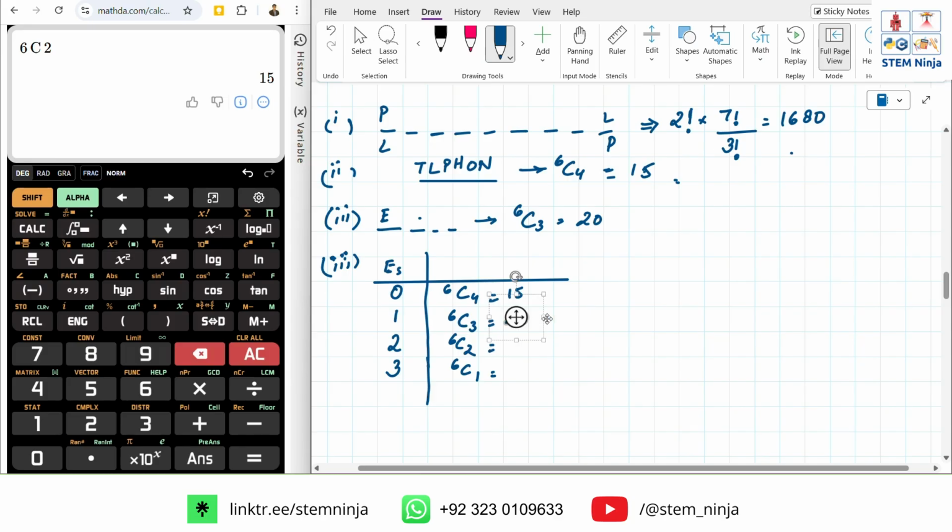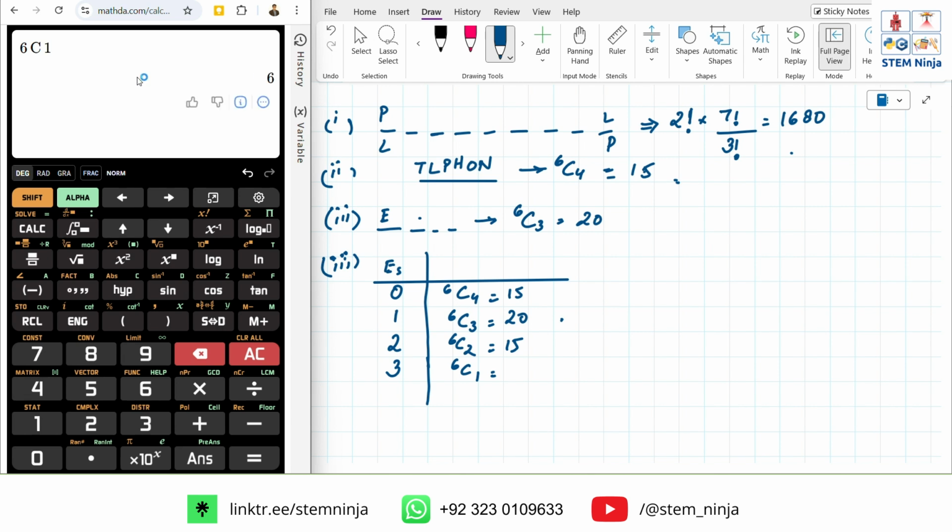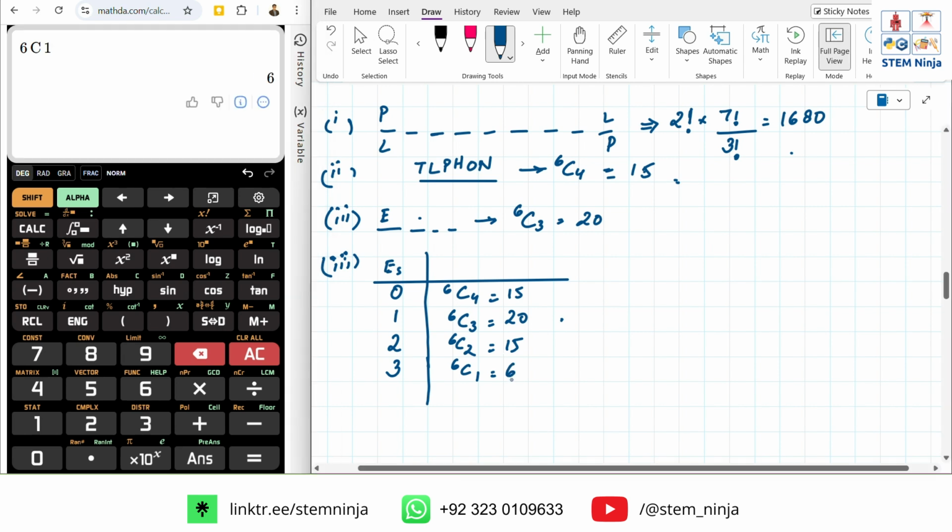Oh, and 6C1 is 6. So for a question like this, what you could have done is use the sigma operator on the calculator. So 6Cx, where x goes from 1 to 4. Because 6C1, 2, 3, 4.